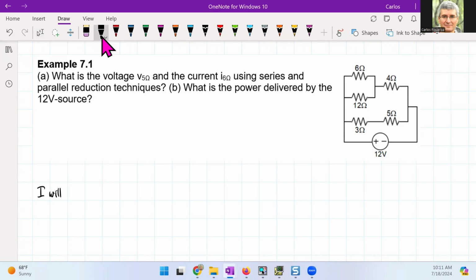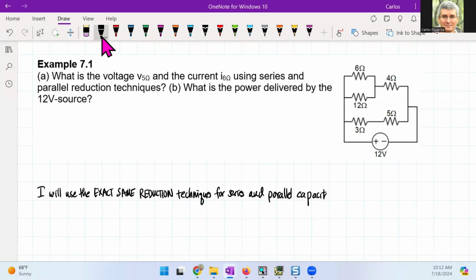I will use the exact same reduction techniques for series and parallel capacitors, now applied to resistors.